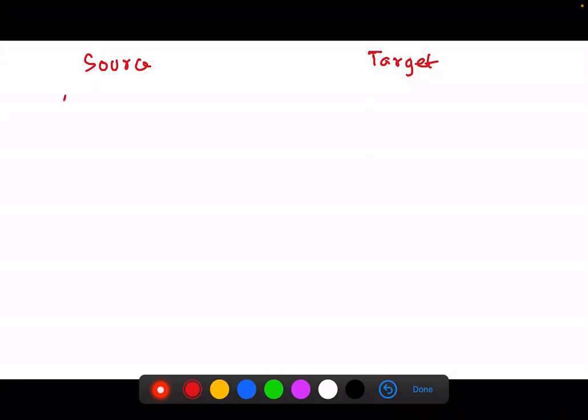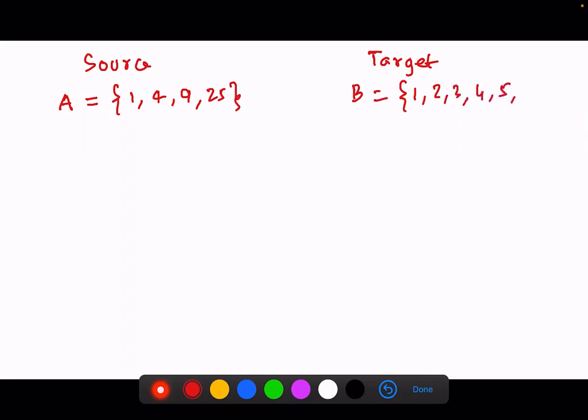So I have set A. Let's say I'll take numbers like 1, 4, and then 9, and then 25. And then set B, I have 1, 2, 3, 4, 5, 6, 7. Now I'm defining a relation, which is the set of all ordered pairs.